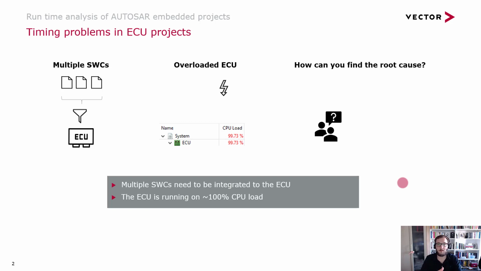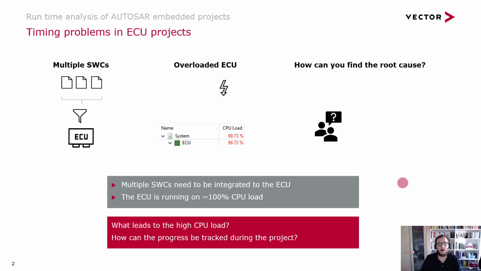So which task is causing a high load? Is the high load caused by software that was developed by my own company? Is the high load caused by the basic software that I'm using, by a misconfiguration, or is it caused by other applications that have been deployed from third-party vendors?